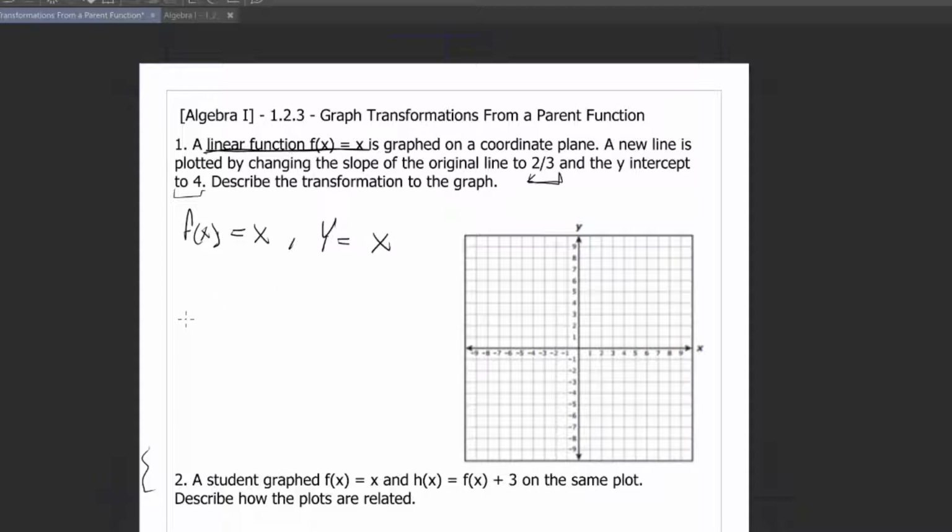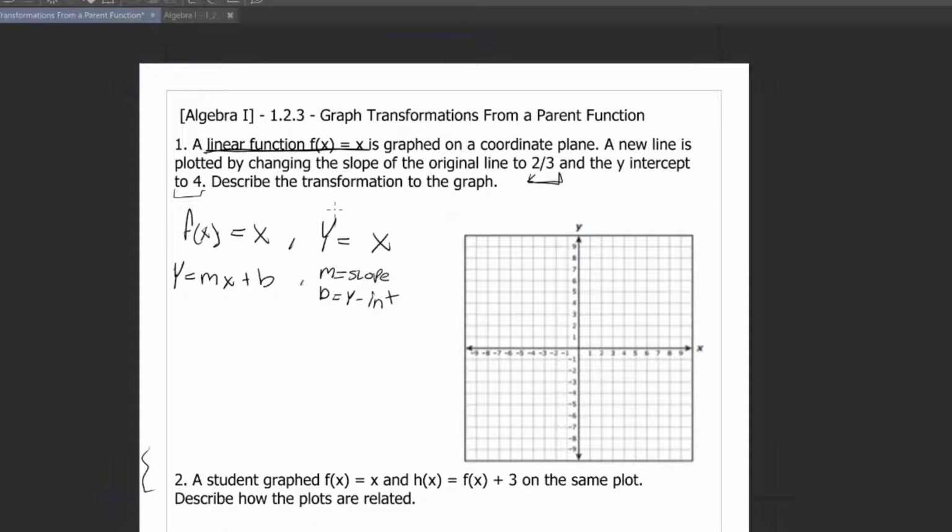Now, this equation is using the standard linear format, and that is y equals mx plus b, where m is your slope and b is your y-intercept.